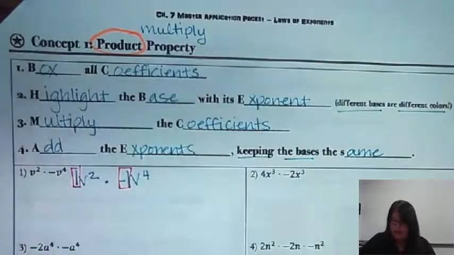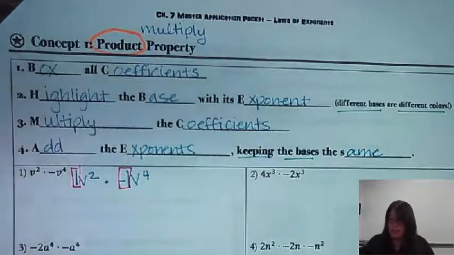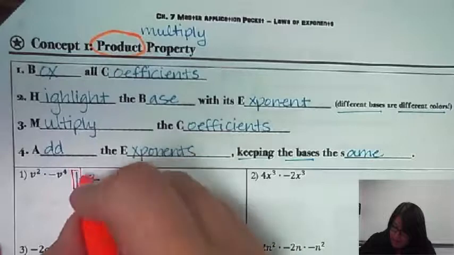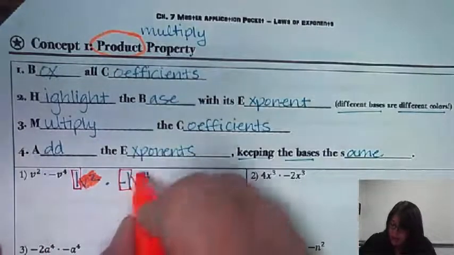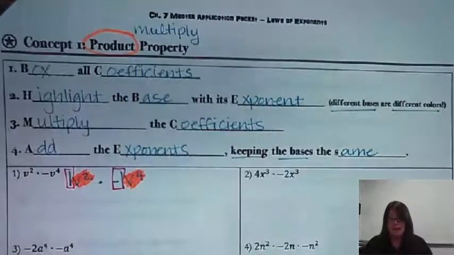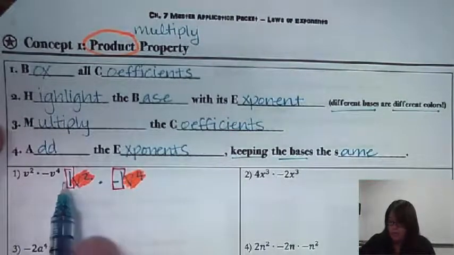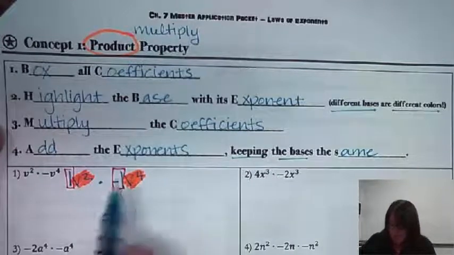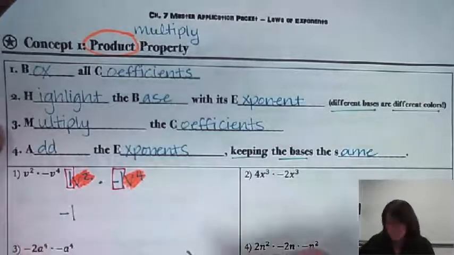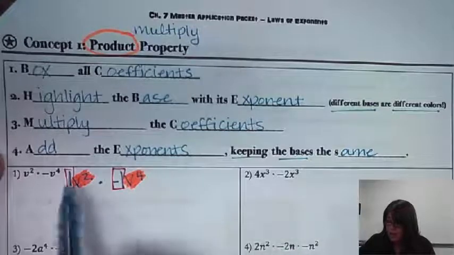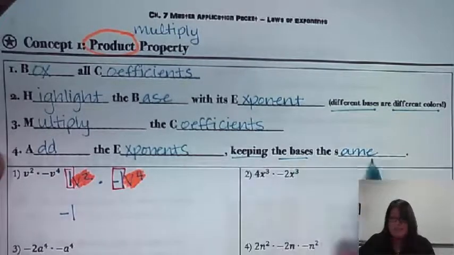The next step is to highlight the base with its exponent. I only have one base in this problem, and that's a v here and a v here. Notice I highlighted the base with the exponent. Now I'm going to multiply the coefficients, the numbers that I boxed up. Well, 1 times negative 1 is just negative 1. That's pretty easy. Step 4, add the exponents, keeping the bases the same.